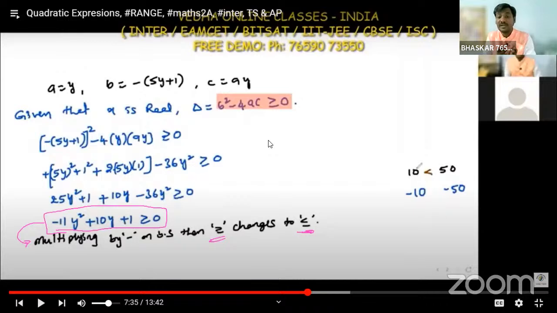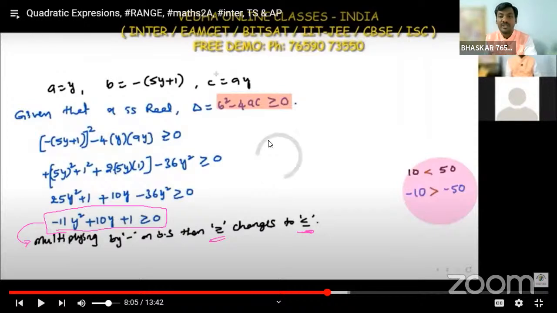Which is bigger, which is smaller? With a negative sign, the smaller value becomes bigger and the bigger value becomes smaller. Here minus 10 is bigger than minus 50. If we change the sign, only then will it be satisfied. Otherwise, we get the wrong answer.